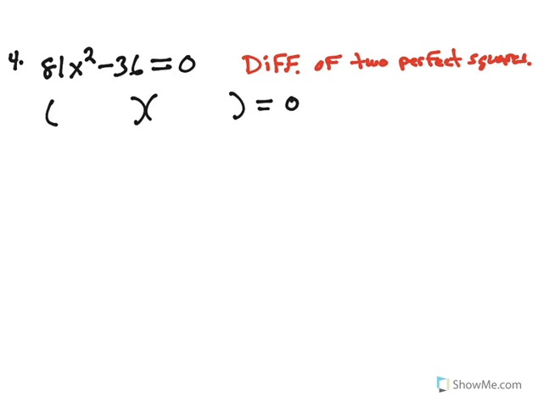So 81x squared, remember, is 9x times 9x. 36 is 6 times 6. One has to be plus, one has to be minus, okay? Because you have to get the minus 36. Okay? Then we set both of these to 0.